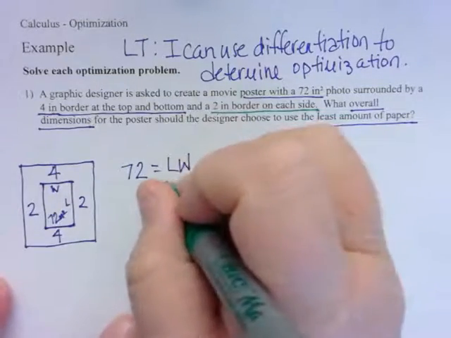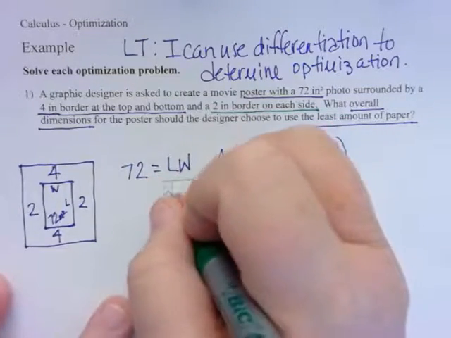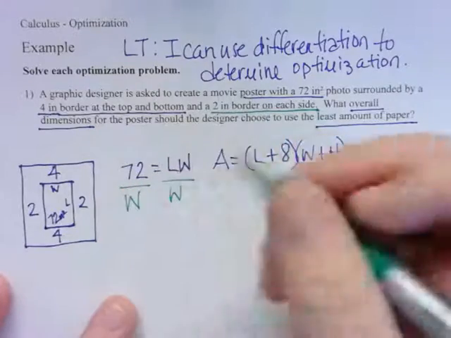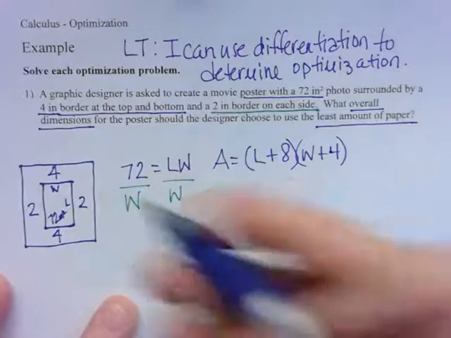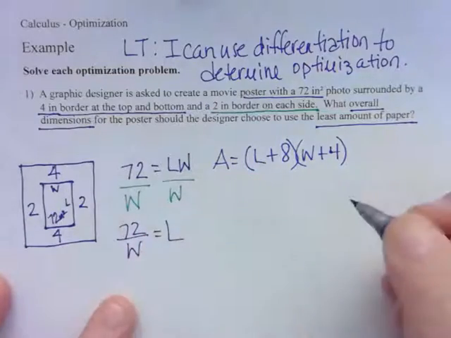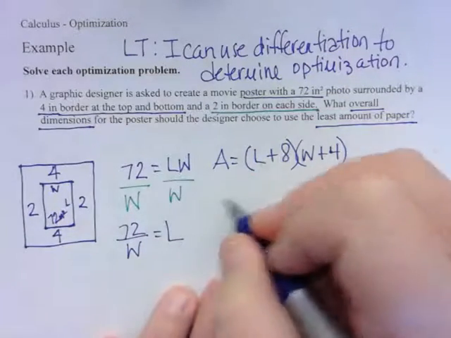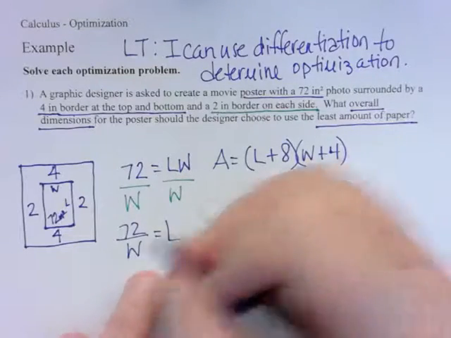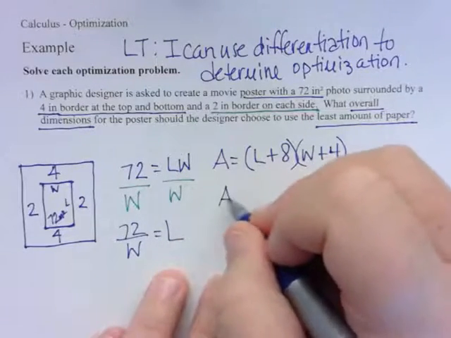So I'm going to go ahead and divide both sides by W. And when I do that, I have 72 over W equals L.